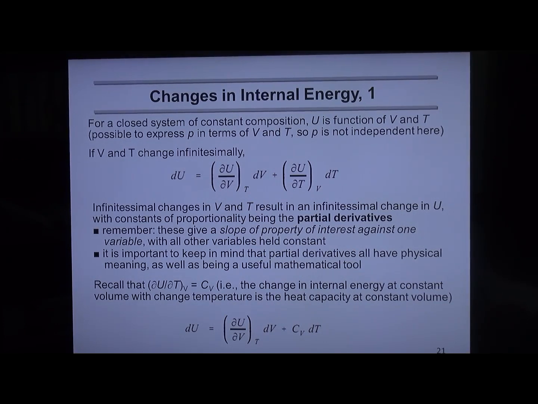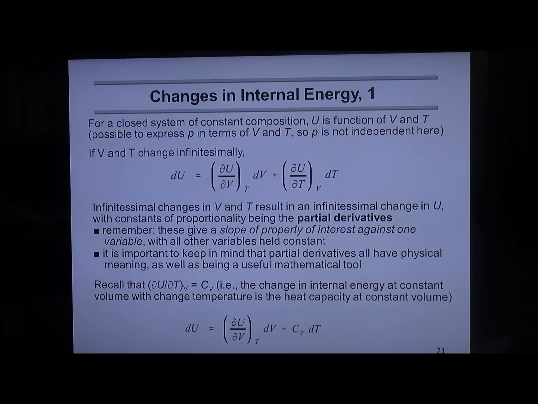From the interesting properties of this exact differential, we'll see many mathematical functions, especially partial derivatives, like this. Those partial derivatives are very important. They have very interesting physical meanings. So for the following sections, we'll learn each of them.